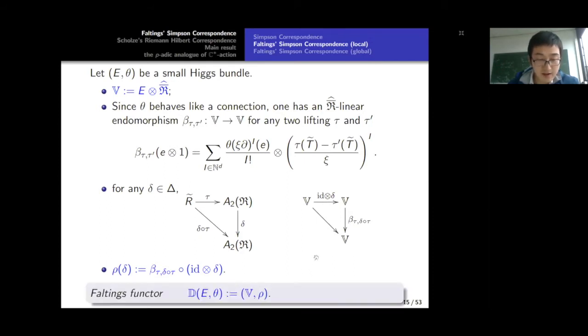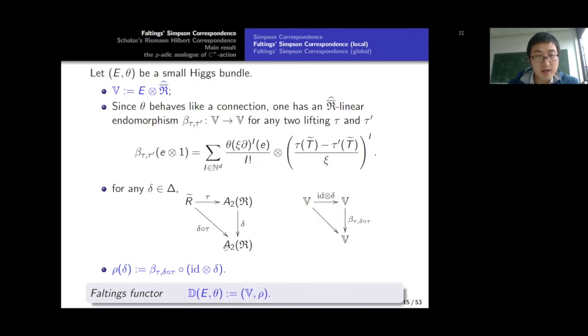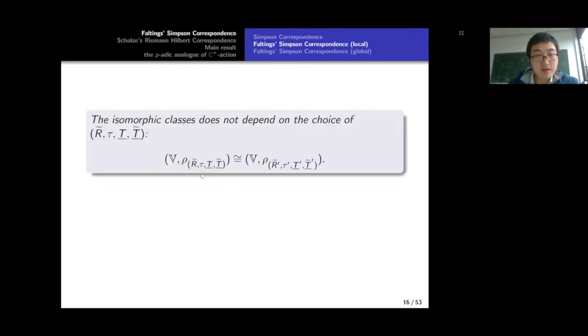Then Faltings' functor just sends the small Higgs bundle to this generalized representation. One can show this generalized representation is small. Actually the functor defined here depends on this local δ, but there exists a natural isomorphism between these generalized representations for different choices.